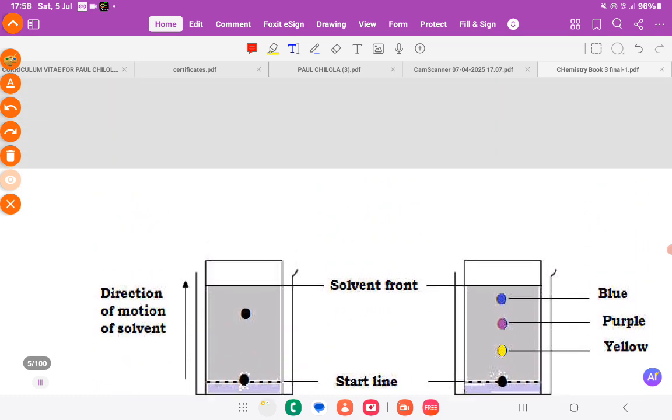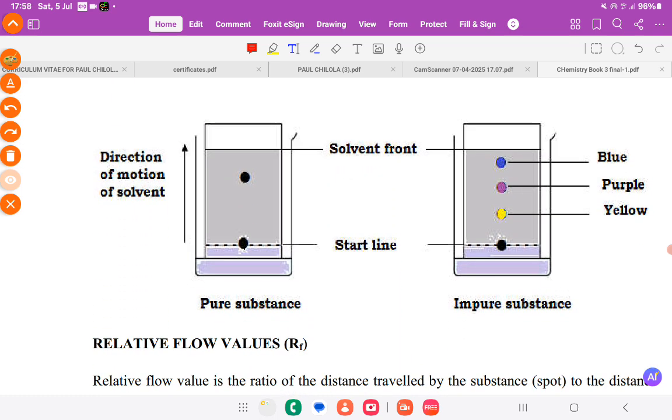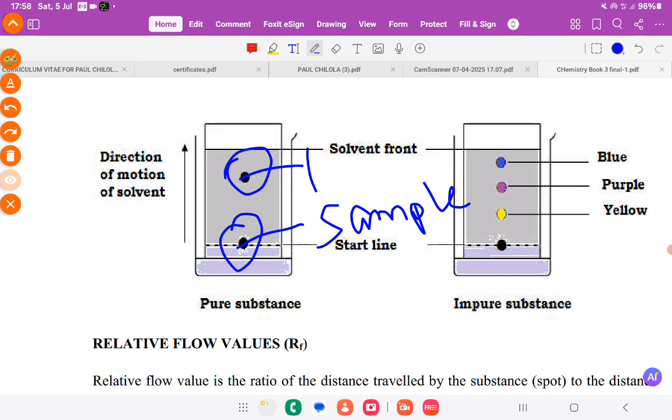All right, so the result could show something like this. Over here, we have a pure substance, with a starting line, which is a dotted line, and you place your sample here. After the process, you find that there's only one spot formed here. One spot shall mean that the substance is pure.